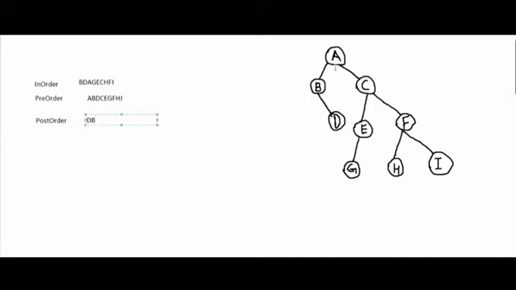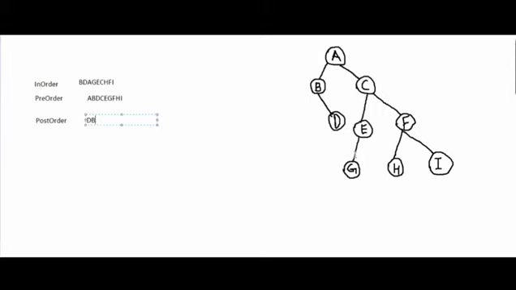Now we will move to the right side of the parent root. So we come to the C. C is the root, so we are not going to mention it yet. E is also not the child, it is also root for the G. Here E is the root, having only the left node but not the right node.